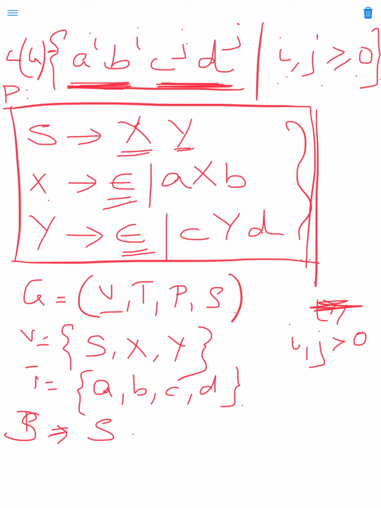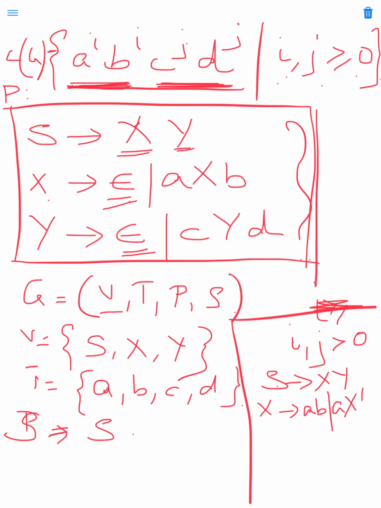For X gives epsilon, the grammar can be written as S gives XY, and X gives, instead of epsilon you have to write AB, AXB, and instead of epsilon in Y you have to write CD, CYD. So this will be the resulting grammar.